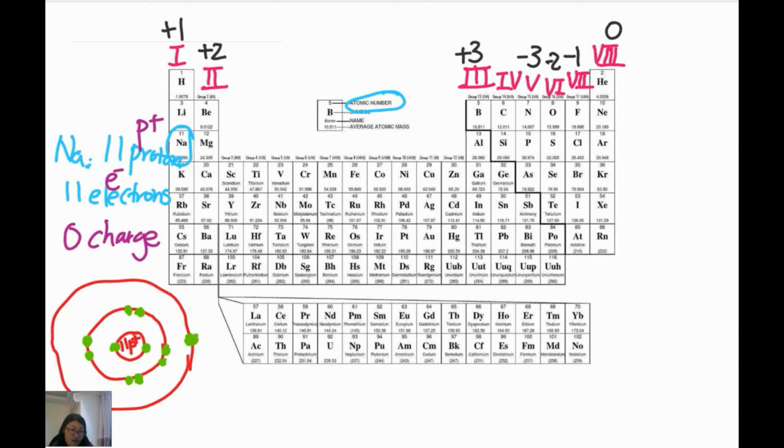So see, the first layer is 2 electrons, 2 green dots, and the second layer is 8. The 3rd layer is only 1 because you have only 11. All the atoms have a dream of having 8 electrons in the outermost shell. That's when it's most stable. So now if you look at the diagram here, you have only 1 electron in the outermost shell. And you have 2 choices.